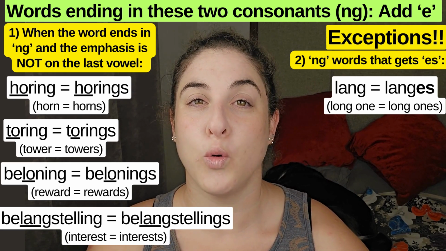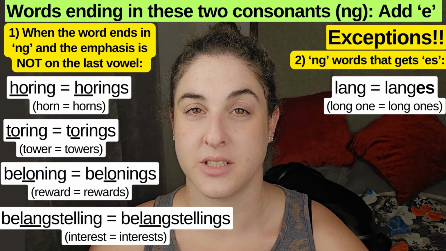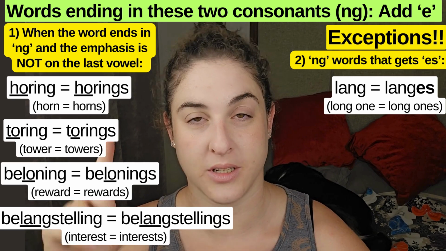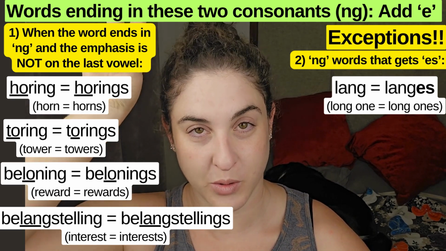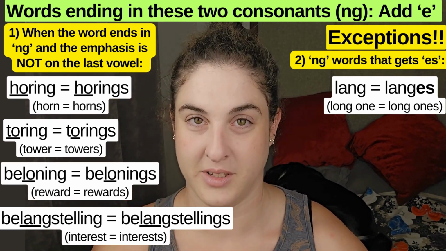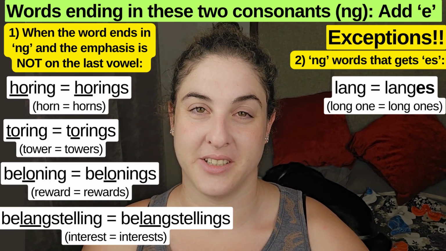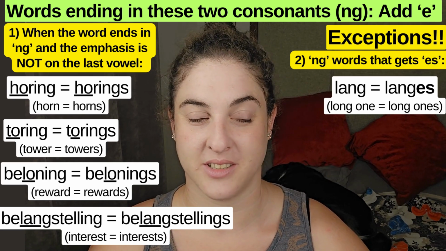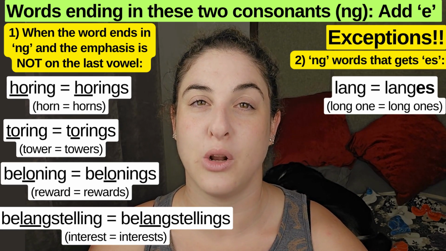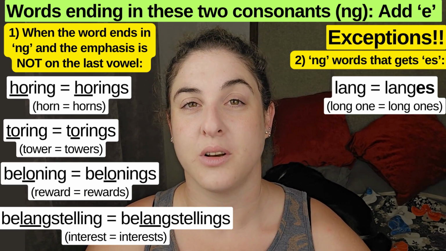All right, so horing, horings. Toering, toerings. Tower, towers. Ballooning, balloonings. Reward, rewards.